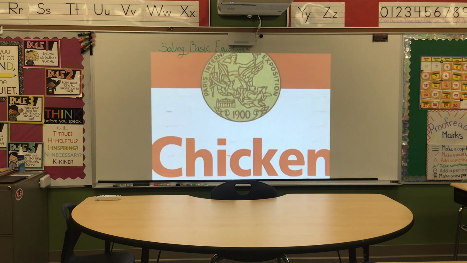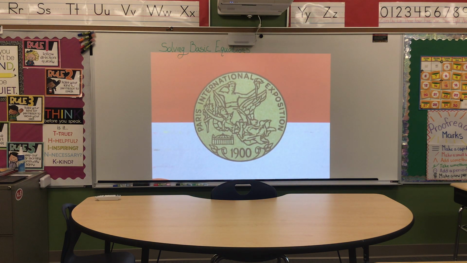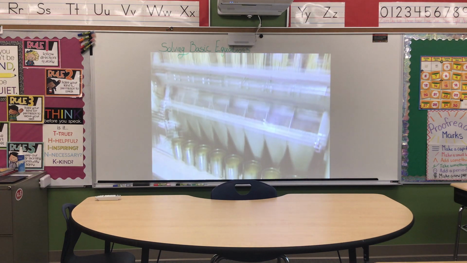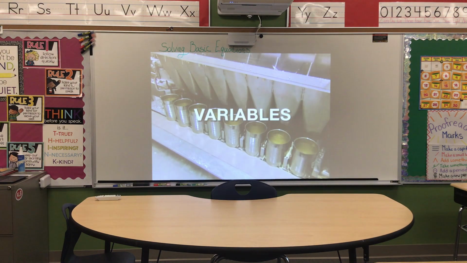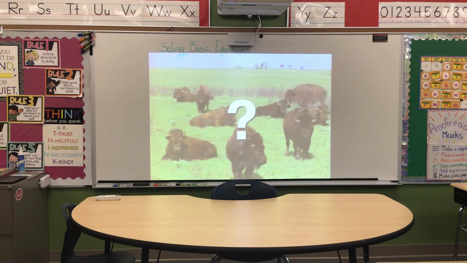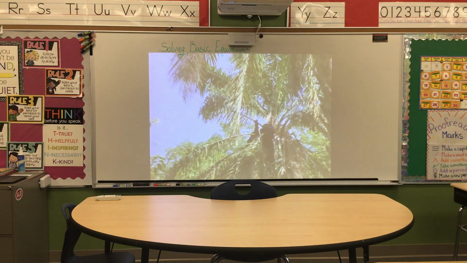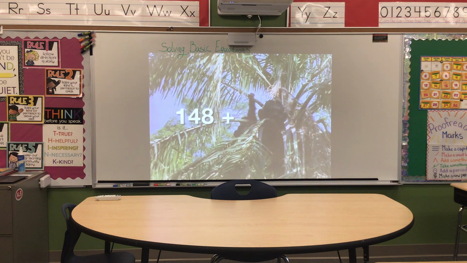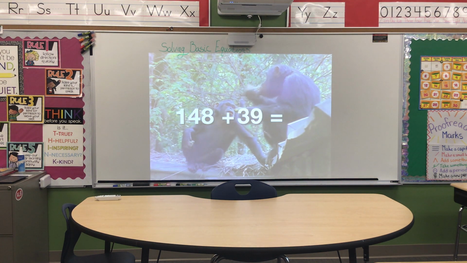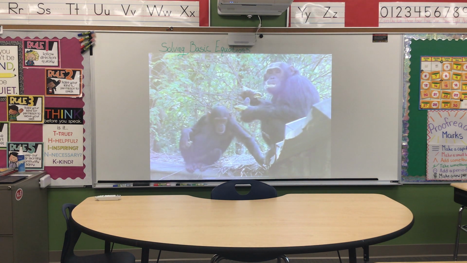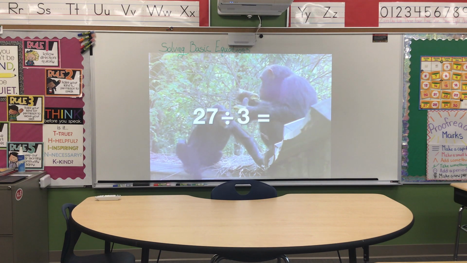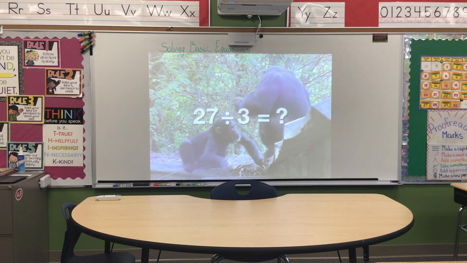Symbols can also stand for values that do change under different circumstances, or that we haven't figured out. These are called variables. We can use a question mark to represent a variable. A few examples of the use of a question mark are 148 plus 39 equals a question mark. 27 divided by 3 equals a question mark.